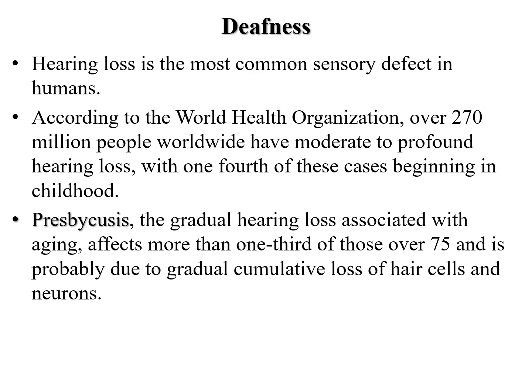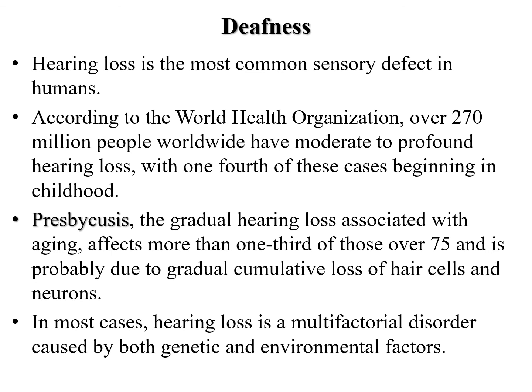You can see old people, your grandparents or someone in the neighborhood, wearing hearing aids. That is nothing but them trying to get over their hearing loss due to presbycusis, and this is an age related disease. It is postulated that it is probably due to gradual cumulative loss of the hair cells.